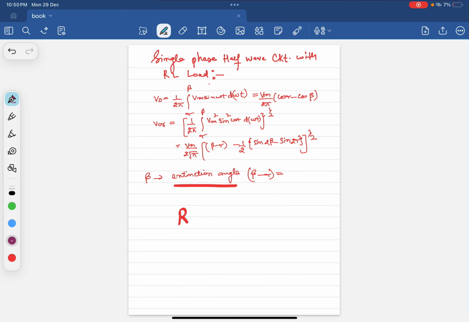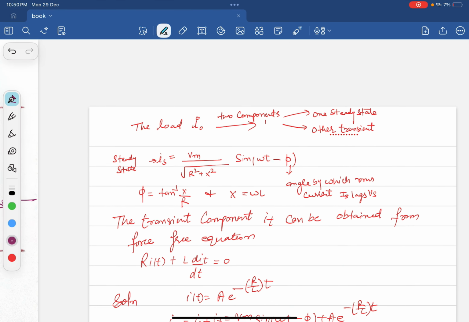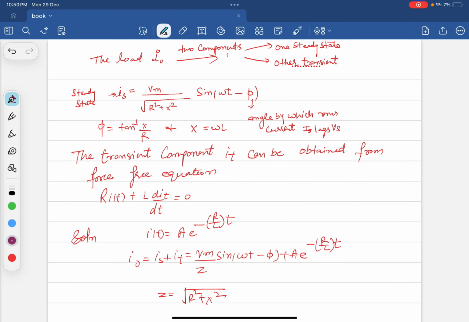All waveforms are the same after that. So what we observe from that is the load current I naught. The load current I naught consists of two components, one steady state and the other transient.